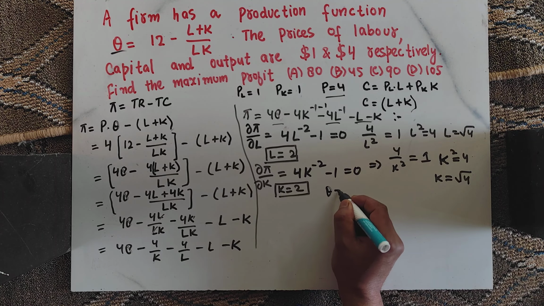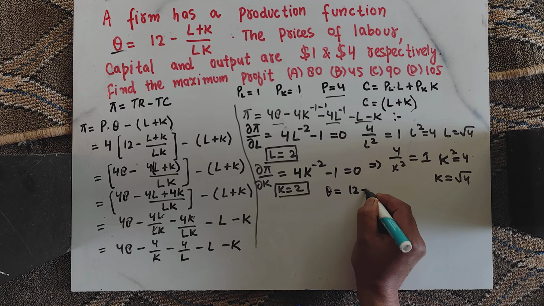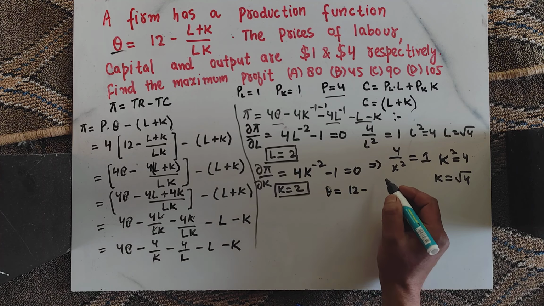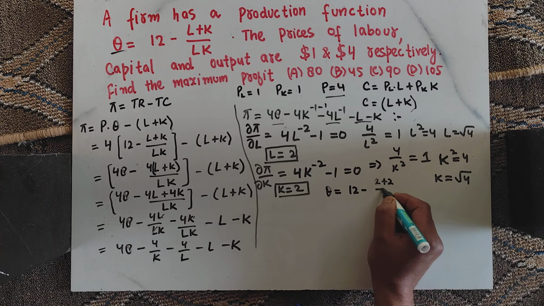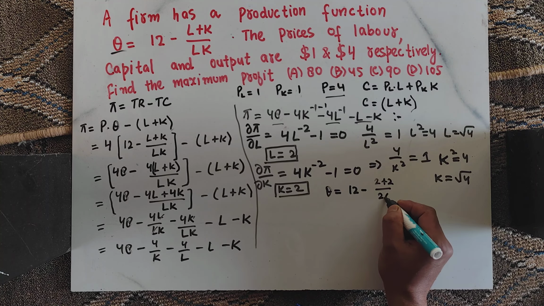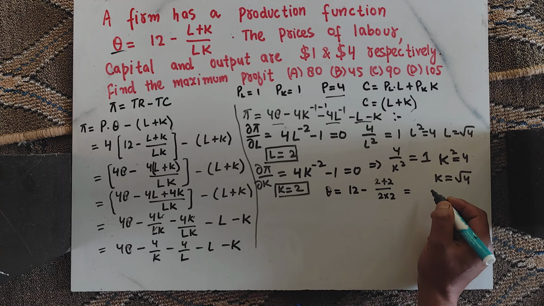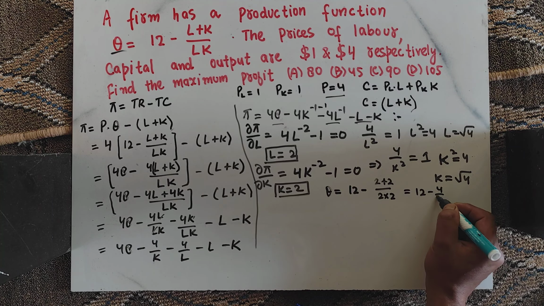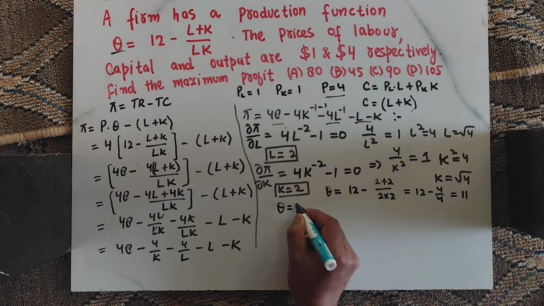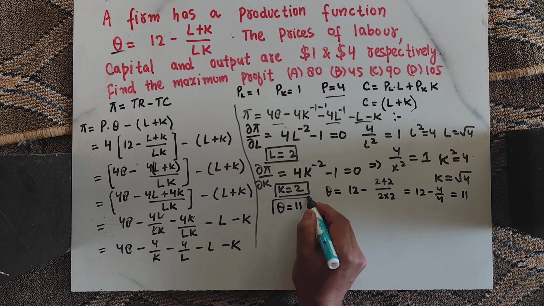Output will be equal to 12 - (L + K)/LK, so L + K is 2 + 2, divided by L times K, which is 2 times 2. So output is 12 - 4/4, which gives 11 units of output that we should produce.